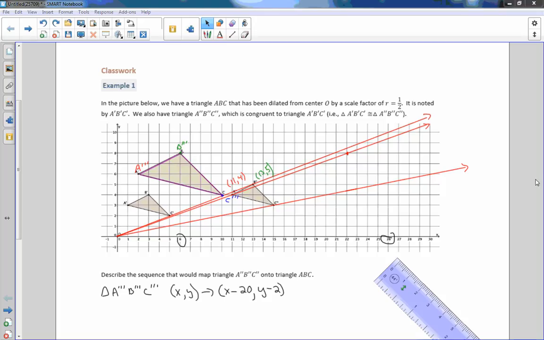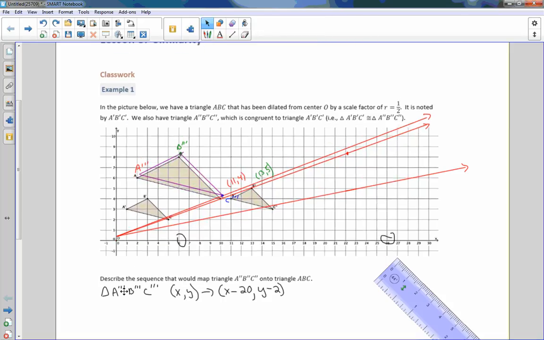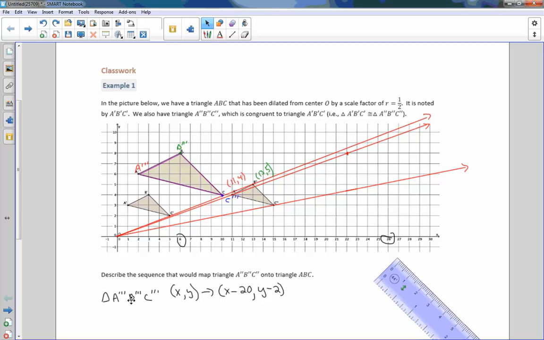Okay, so my sequence was, actually I've only mentioned the first of the two. Let me move these down a little bit. Because this is only the first of my sequence. So triangle A triple prime, B triple prime, C triple prime gets moved from x, y to x minus 20, y minus 2. But before that, what did we do?